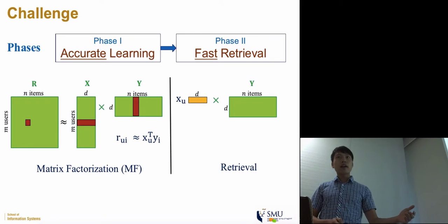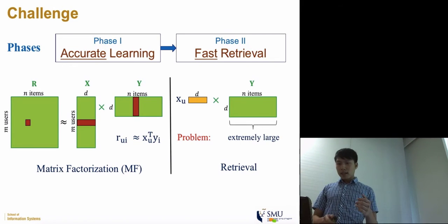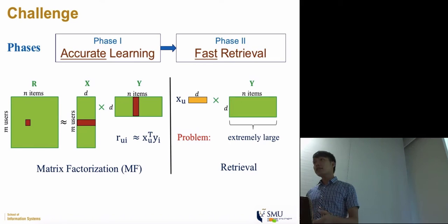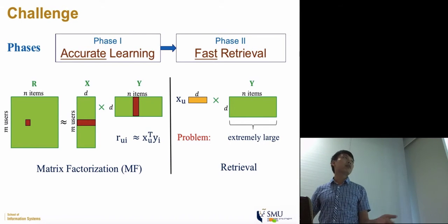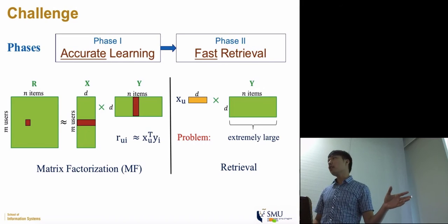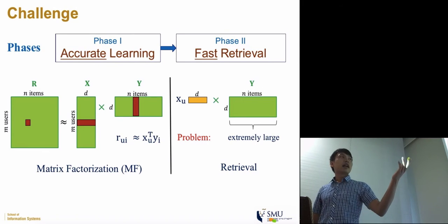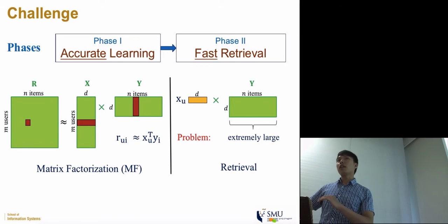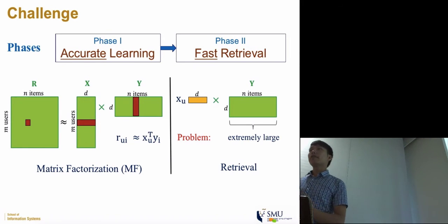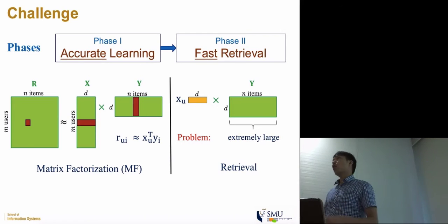Now the problem is that in real life systems, the number of items is usually extremely large. In the ideal case, if you want to compute the inner product between the user vector and all the item vectors, it is a very expensive task because you need to compute using a brute force approach. That's the first problem.